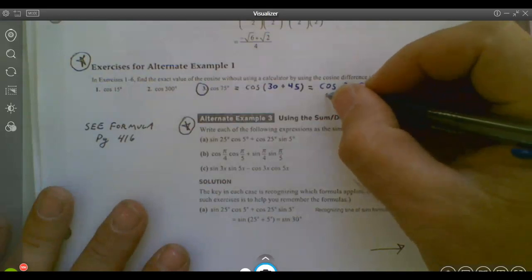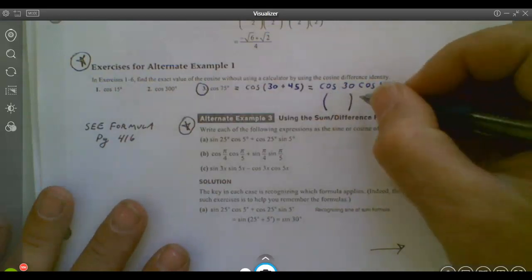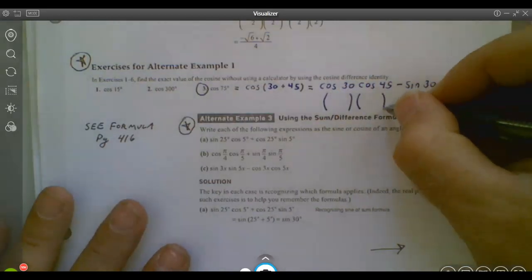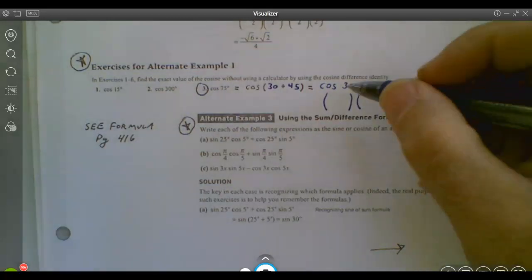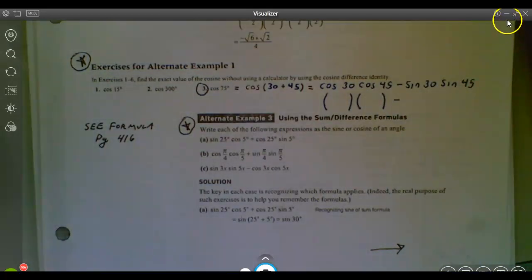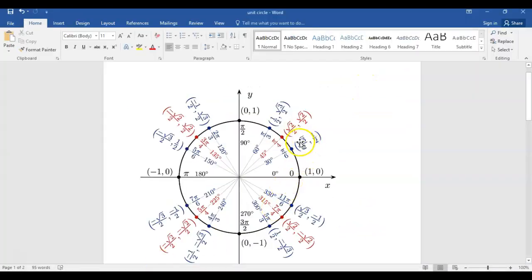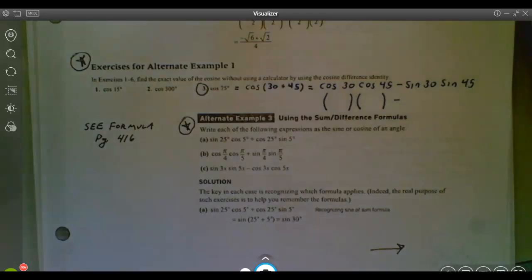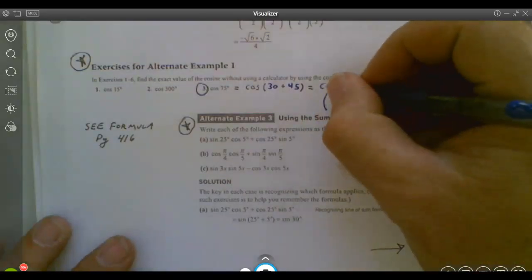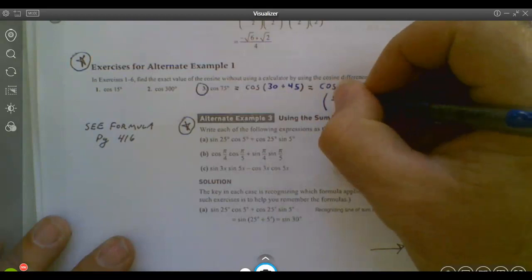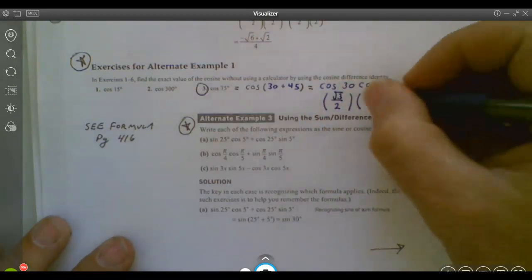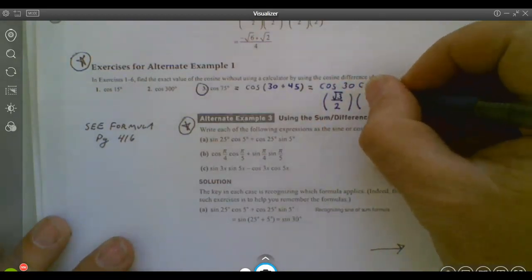So we're going to figure out what is the cosine of 30 and 45. So we know from our unit circle cosine 30 is rad 3 over 2. Cosine of 45 we know is rad 2 over 2.